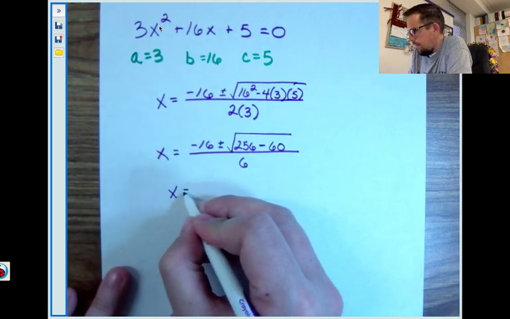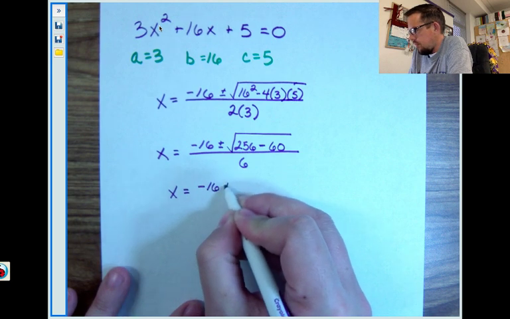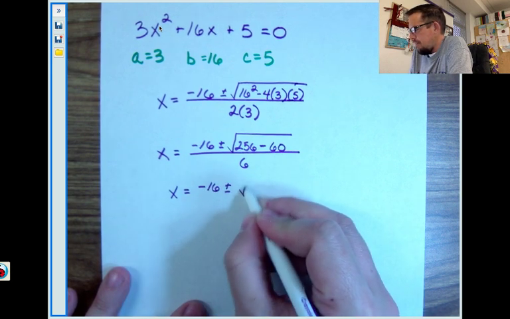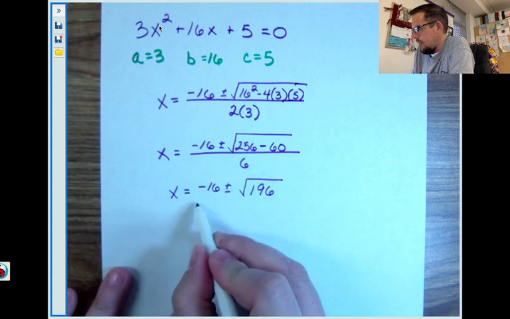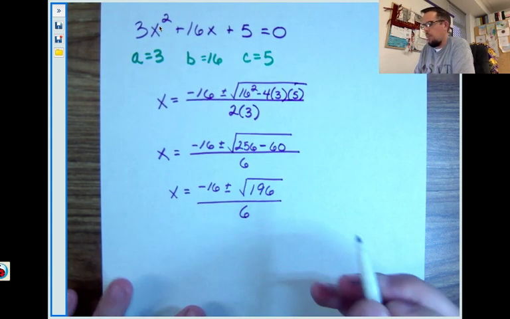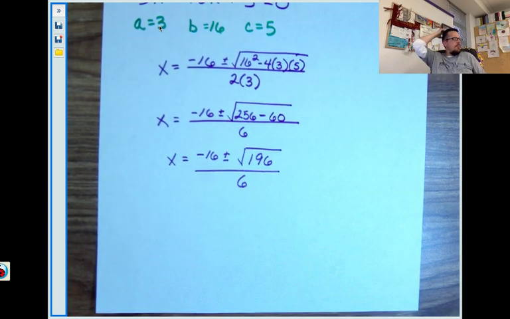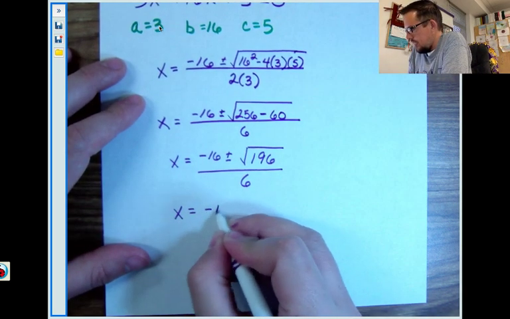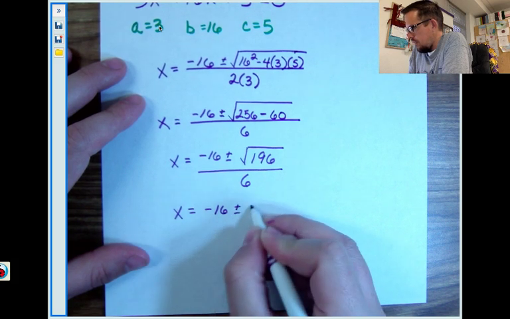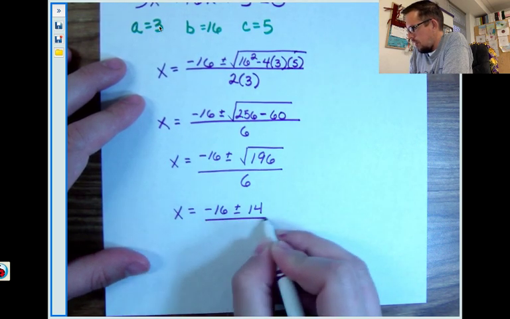Okay. 256 minus 60 is 196. Is 196 a perfect square? Yeah, 14. So x equals negative 16 plus or minus 14 over 6.